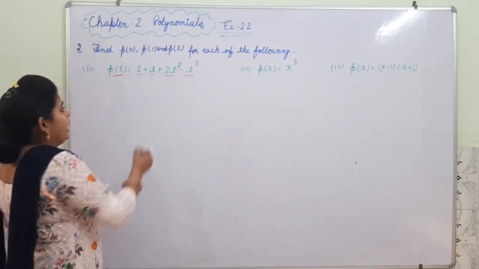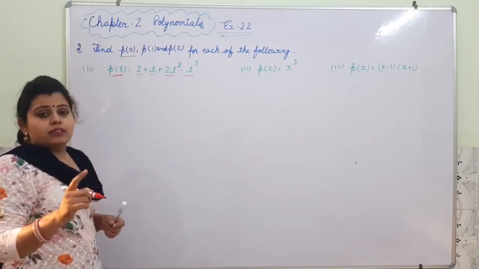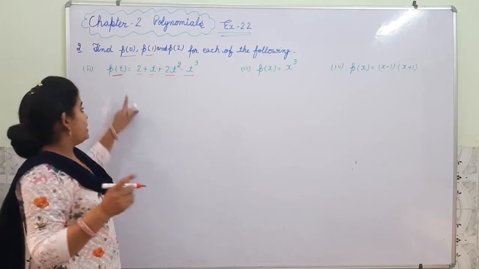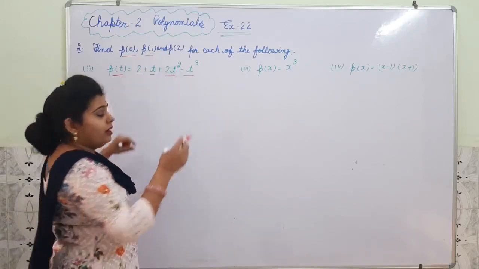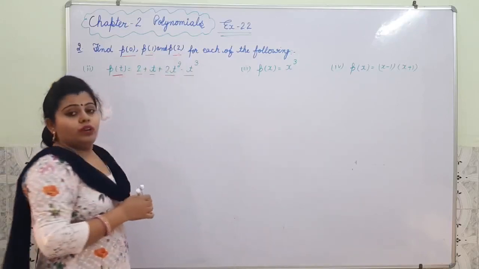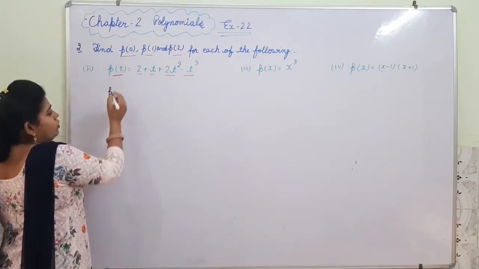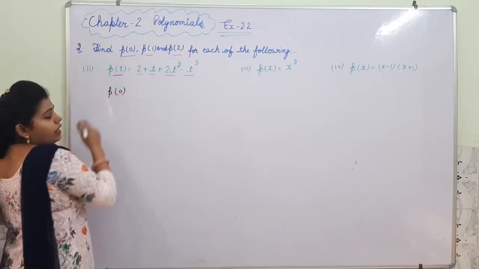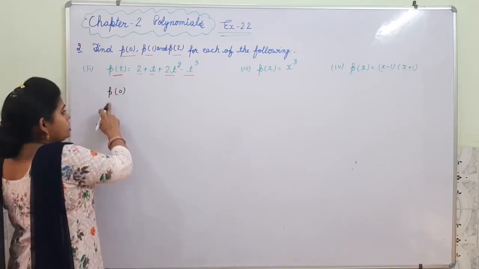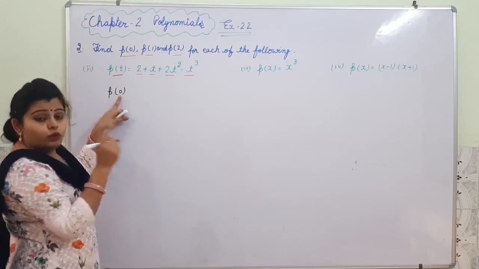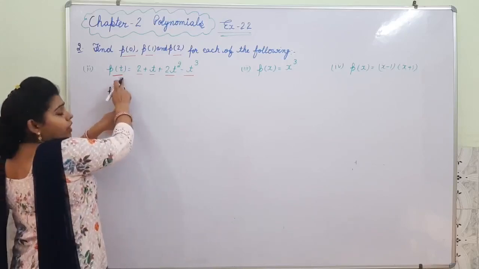What we have to find? P of 0 means, P of 1 means we will replace the variable by 1, and P of 2. Let's see. P of 0. Firstly, I am finding P of 0, means polynomial value at 0. Now what we will do? We will replace which variable?